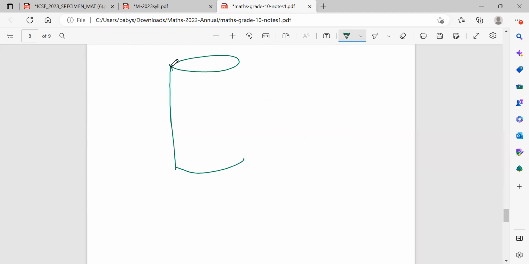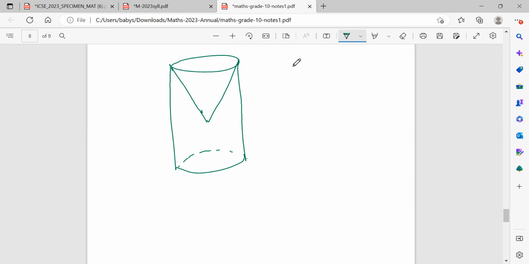Or you can have something like this. Let's say I'm going to have a cylindrical portion, and then I'm going to have a cone which is inserted onto the top of the cylinder like this. Down it is covered, top it is open, but I have a cone of the same radius. In this case, the surface area will be what?